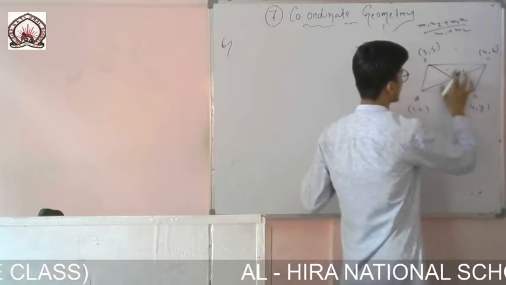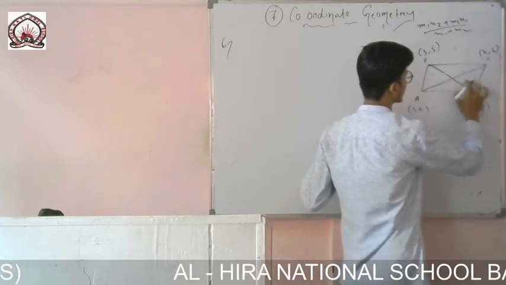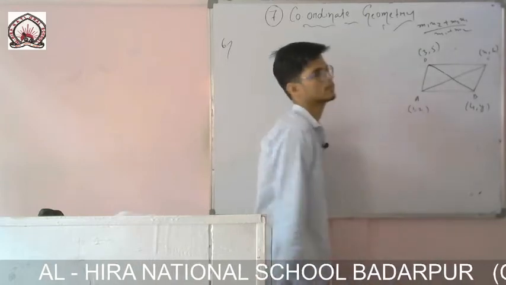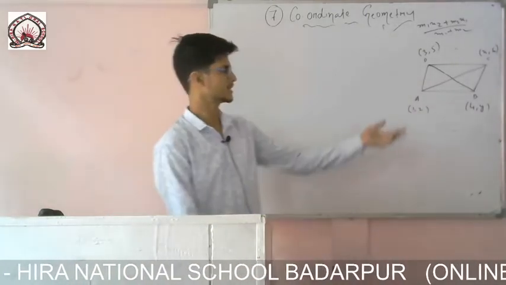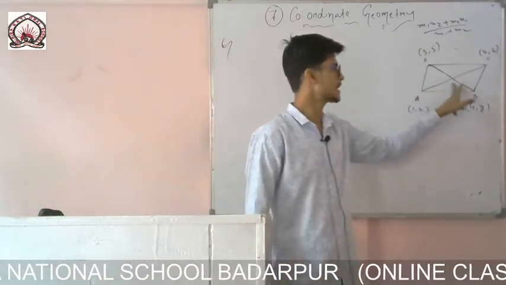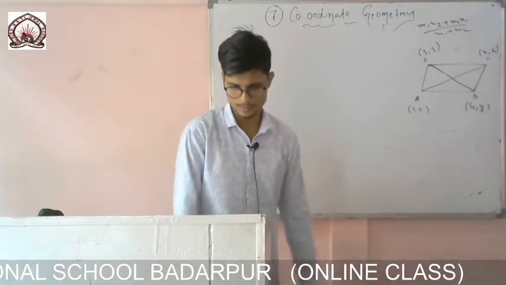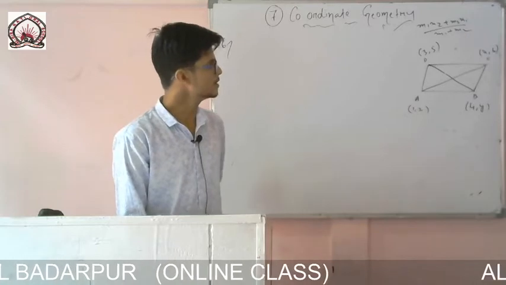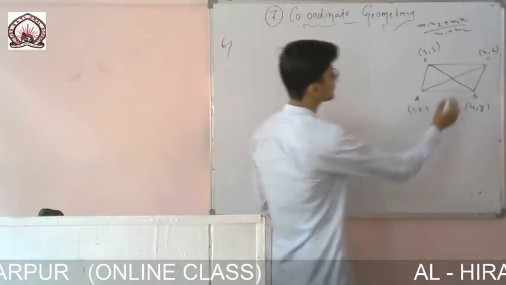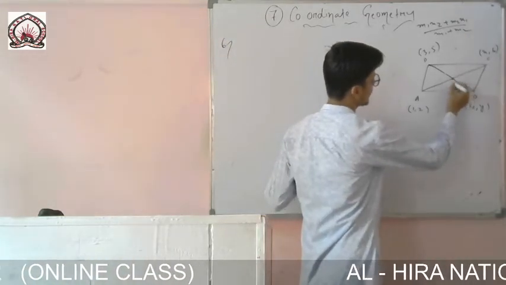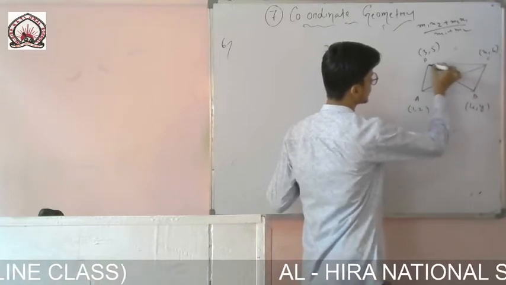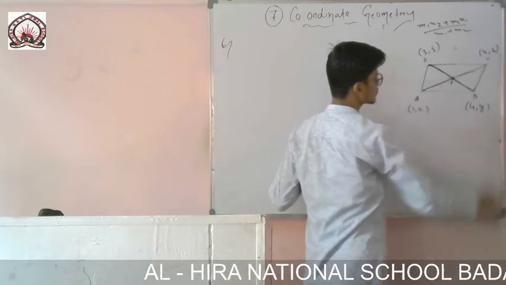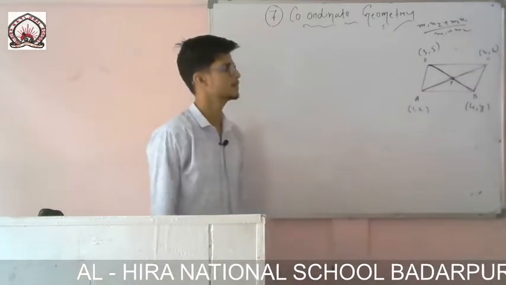If the length of a diagonal is 10 centimeters, then each part will be 5. So the diagonals bisect each other, and this will be the midpoint. For both the diagonals the midpoint is the same point P.